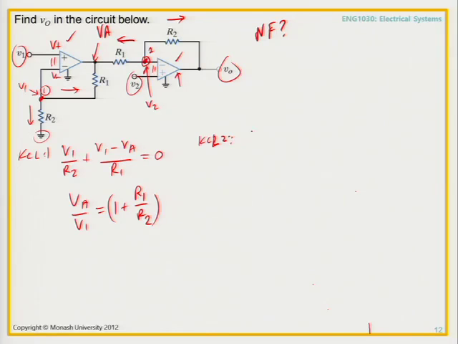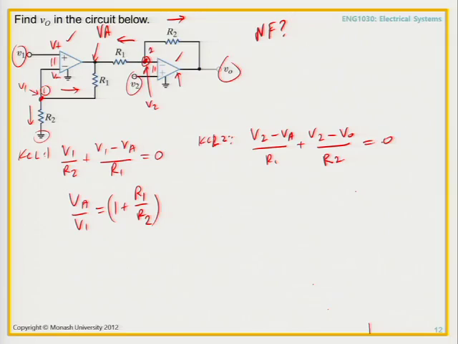So therefore you've got V2 minus VA over R1 plus V2 minus what? Give me a letter. V what? VO, that's it. VO over R2, right?